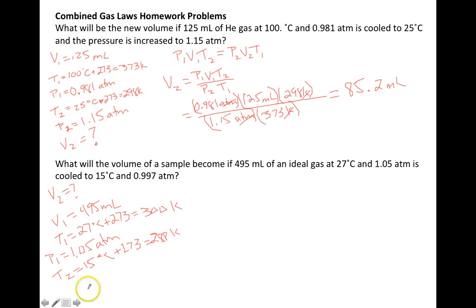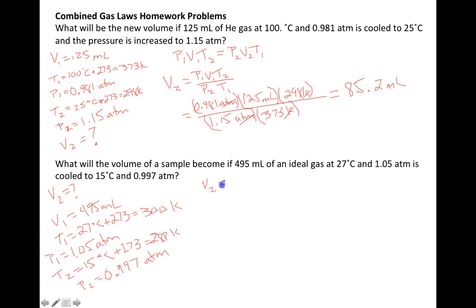That's T2. And the new pressure, P2, is equal to 0.997 ATMs.